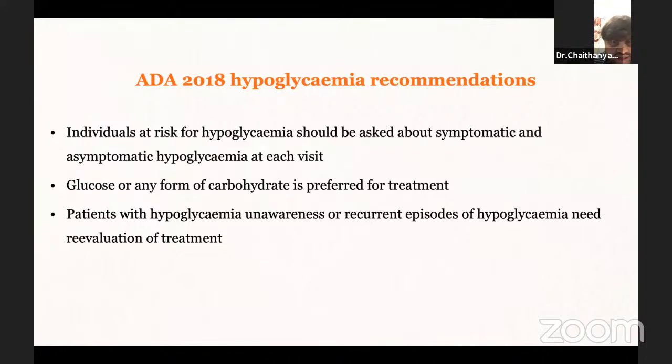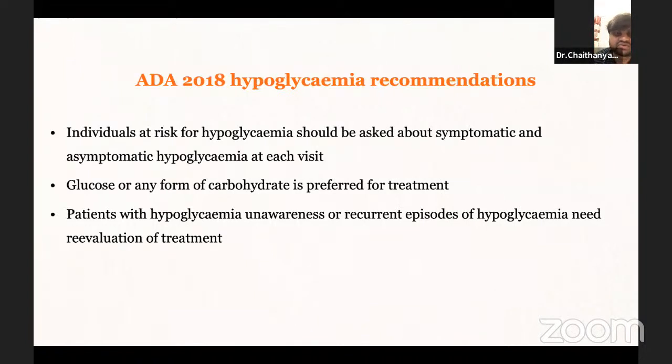What do you mean by mild hypoglycemia? The value was around 70, and the patient had symptoms. Moderate hypoglycemia, moderate in the sense less than 70, around 60, 65. Severe hypoglycemia, what do you mean by severe hypoglycemia? The patient needed third party assistance. The patient became unconscious. Someone had to give glucose to the patient. That is a severe hypoglycemia.